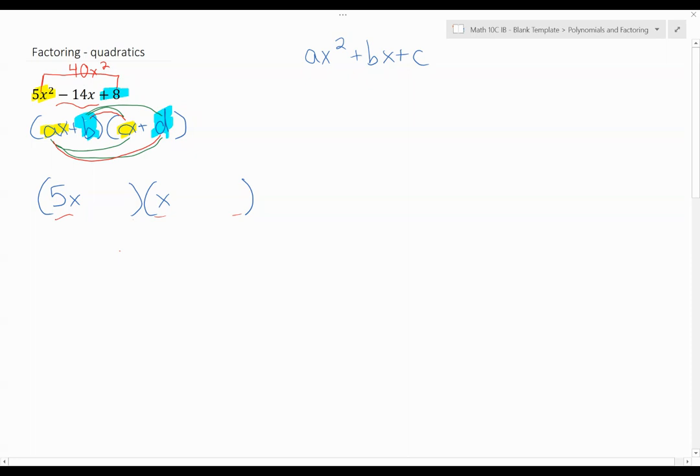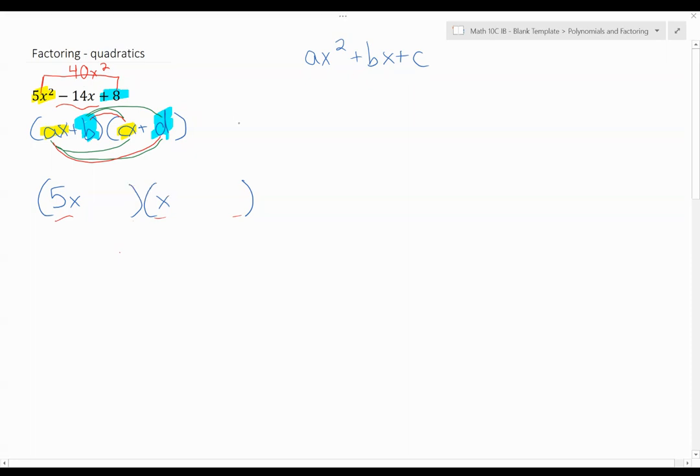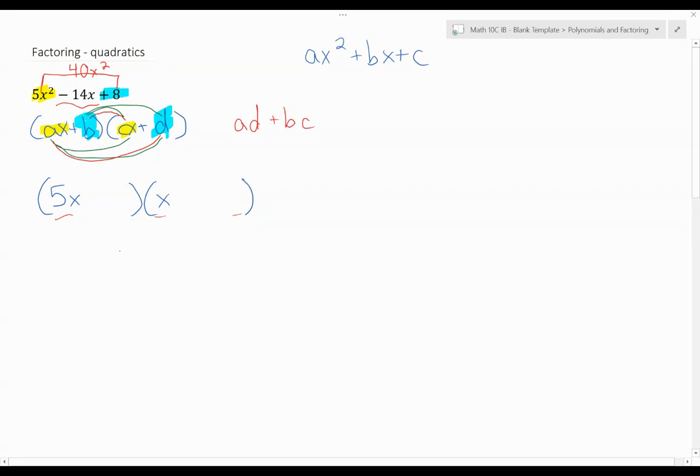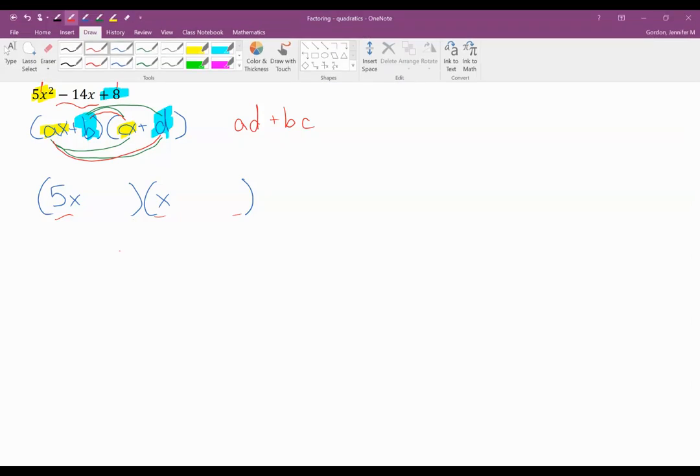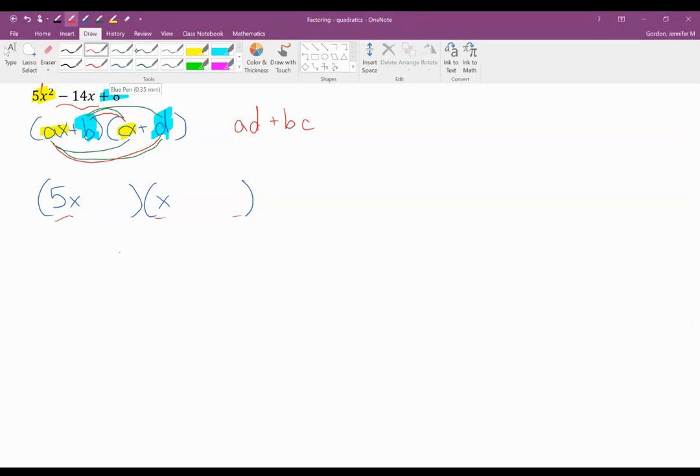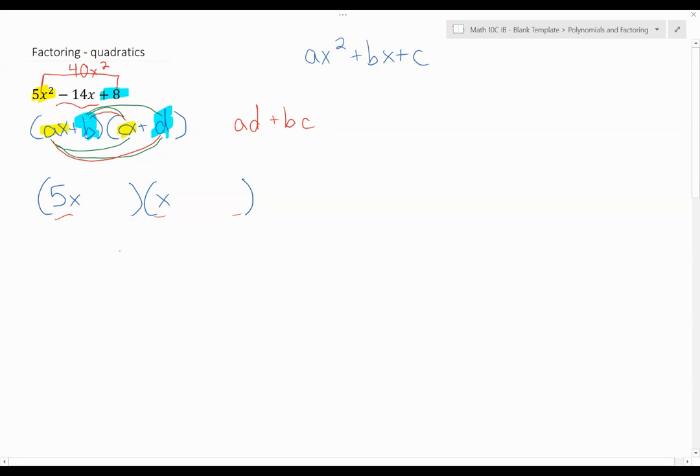The linear term comes in this case from ad plus bc. So what I'm looking for is two terms that multiply together to be 40x squared, but that add together to be minus 14x.